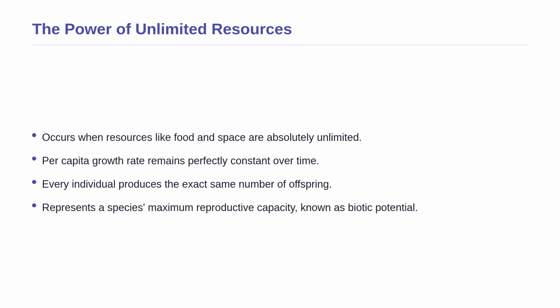It is a situation where the per capita growth rate remains perfectly constant, no matter how large the population gets. Because every single individual continues to produce the same number of offspring, the total population size explodes in a very short amount of time. Understanding this helps us measure a species' biotic potential, which is its maximum capacity to reproduce under perfect conditions.